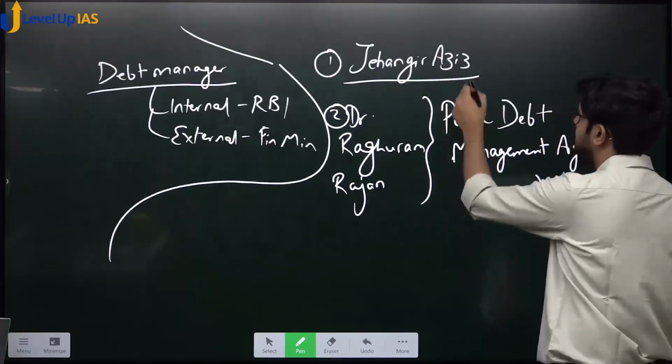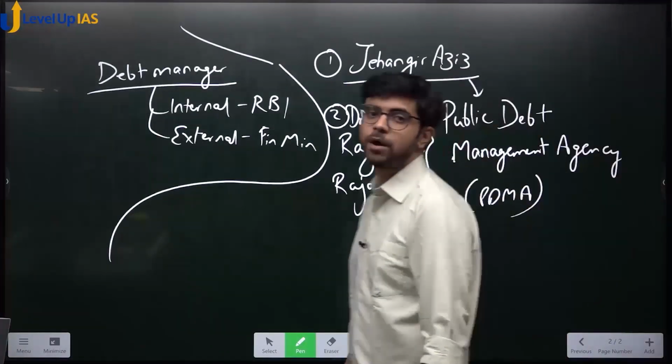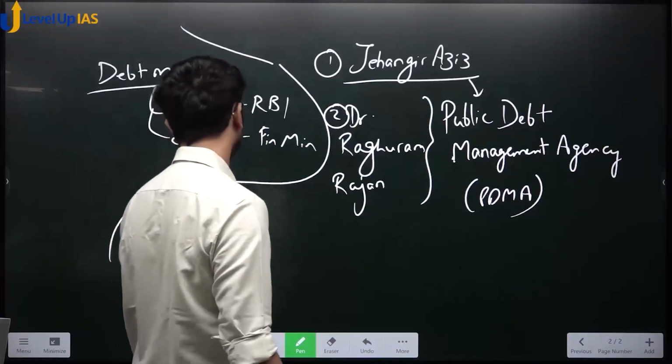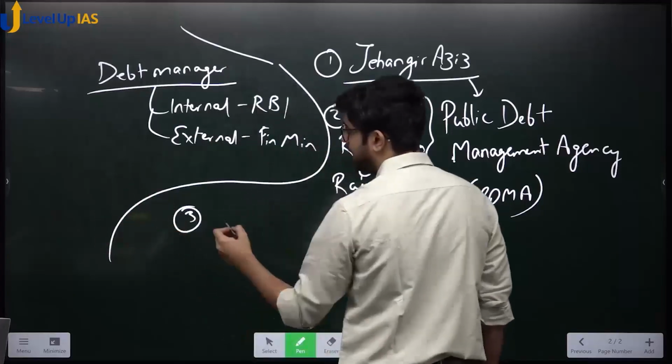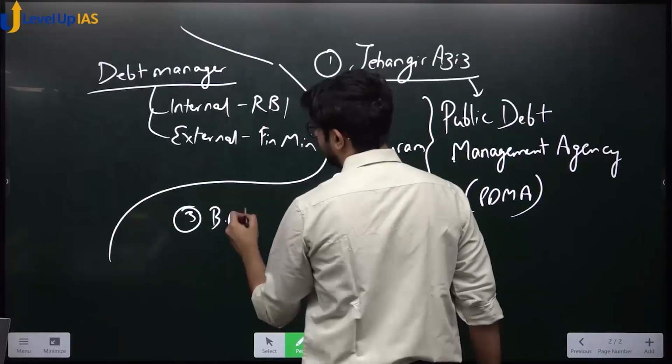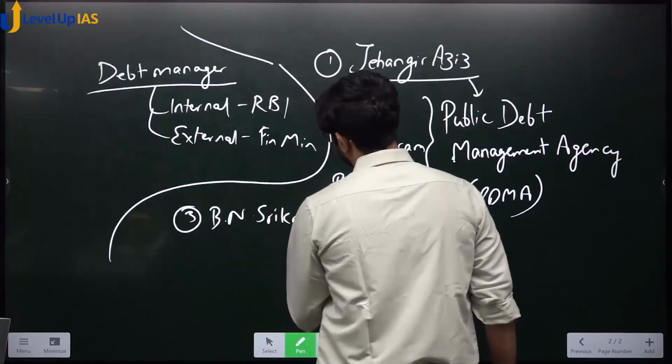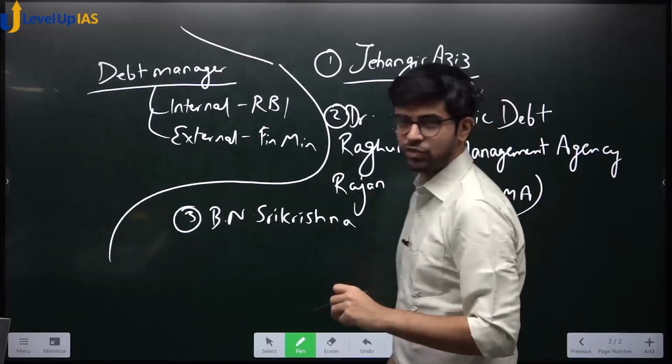Third committee which said that there should be an independent Public Debt Management Agency was the committee headed by B.N. Sri Krishna Committee. ठीक है?